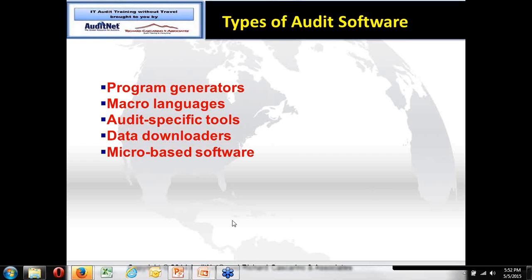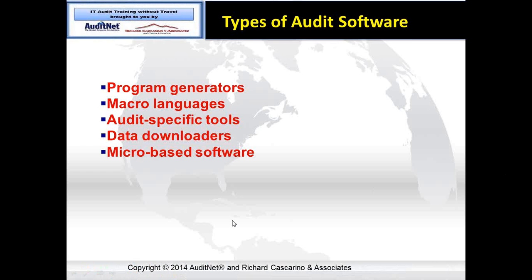So what kind of audit software can you in fact get? Well, different packages work in slightly different ways. You get program generators, where you define to the software what you want this program to do, and it will actually go and write you an application program that will do an interrogation. Okay, and you execute that. And if you want a different program, you go and define that, and it writes another program for you.